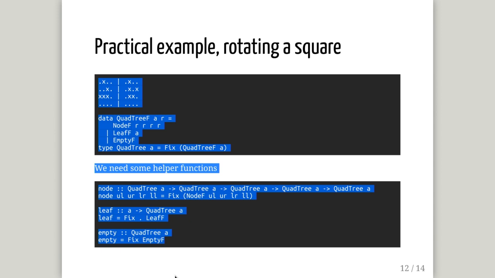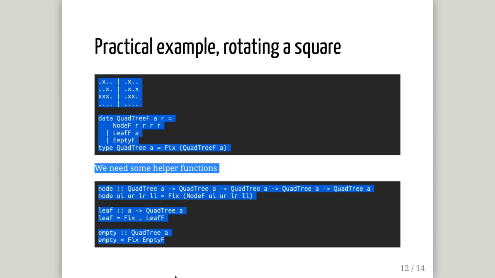So in here we can take our 4x4, divide it into 4 elements, and then each of the 4 elements will have a leaf with 1 character inside. And now the problem is we have the square in here, we want to rotate it 90 degrees. That might not be so obvious here because the font isn't square, so it looks like a rectangle, but it is a square, you can count.